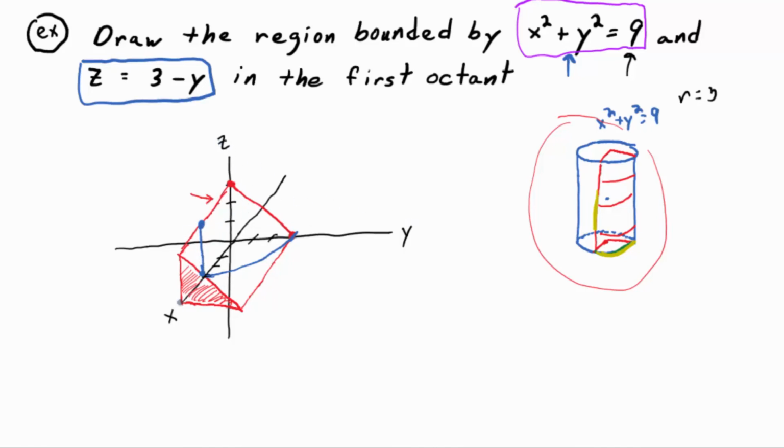The side plane XZ is going to be a boundary. The real question is, what does the intersection curve of the circular cylinder and the plane look like? It has to lie on both the plane and the cylinder. So in order to lie on this slanted plane and the cylinder, it's going to have to curve down to be on both and look like that.